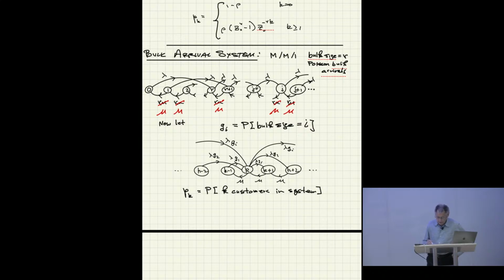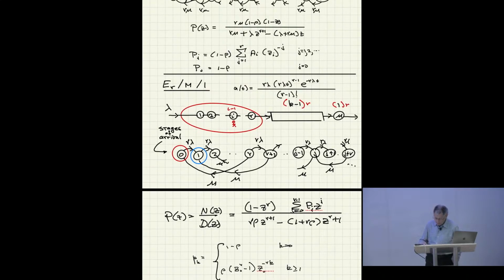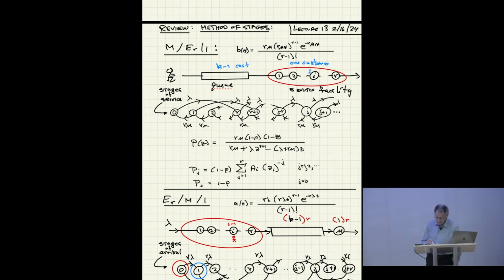And I made the point that in the bulk arrival system, it's a pure MM1 system, but our customers come in with each arrival. And the state diagram we drew, we said, look, that looks like this MER1 system. Because every time in MER1, when somebody comes in, they bring in R stages.